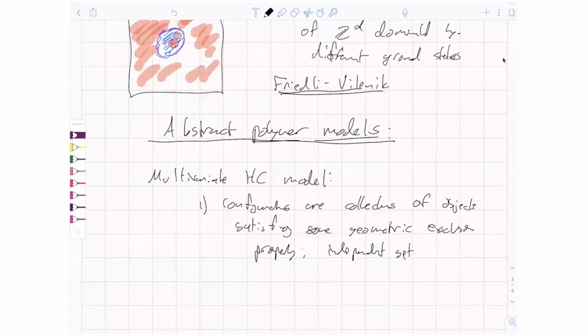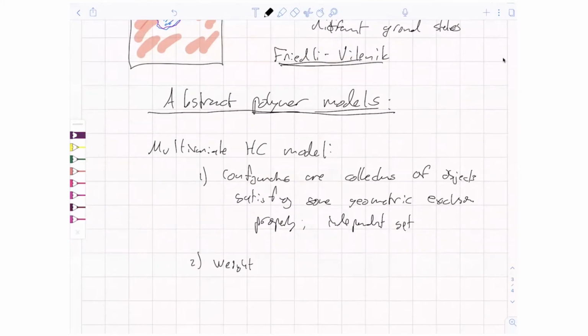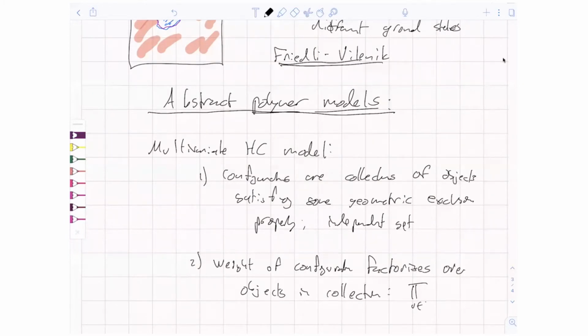And importantly, the weight in the partition function, or the probability mass, the weight of a configuration factorizes over the objects in the collection. So in the case of this hardcore model, it was the product over the vertices in the independent set of lambda_v. But this was key, that the weight of a configuration factorized.